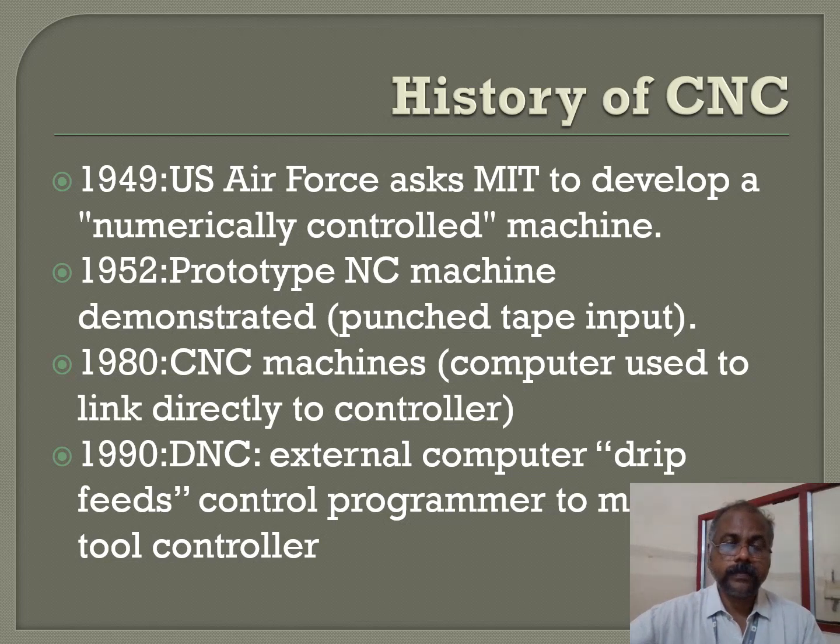In 1952, a prototype NC machine was demonstrated, which was of punched tape input type, and in 1980, CNC machines, computer numerical control machines, came, which are used to link directly to the controller. In 1990, DNC, direct numerical control machines, came into existence.